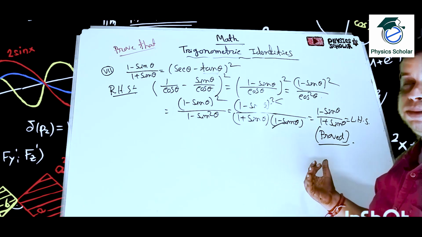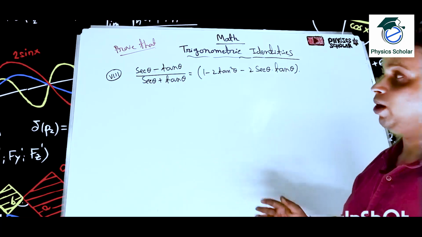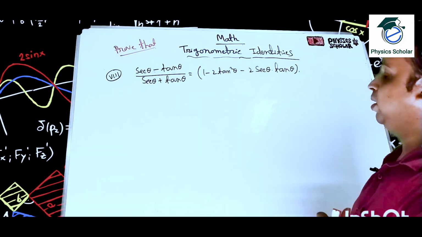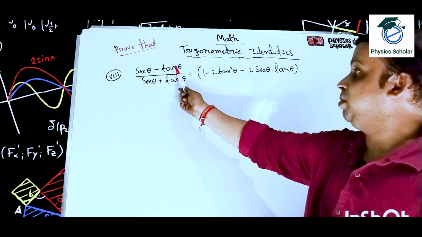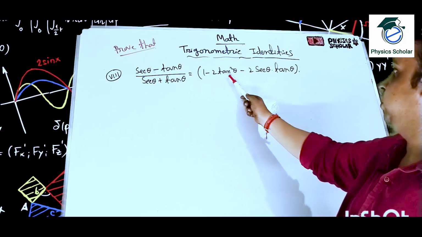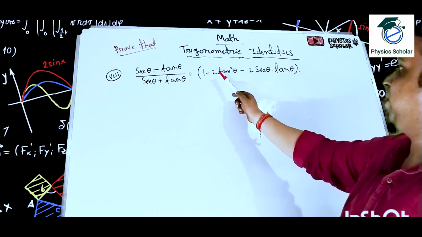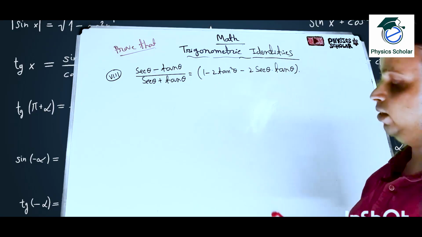Now let us move to sum number 8. So now students, here we are moving forward to sum number 8 of today's episode. It is sec theta minus tan theta by sec theta plus tan theta, and we have to prove it is equal to 1 minus 2 times cos theta minus 2 sec theta tan theta. Clear?